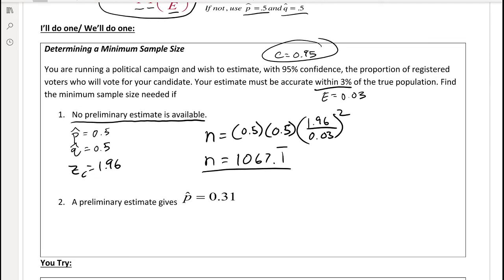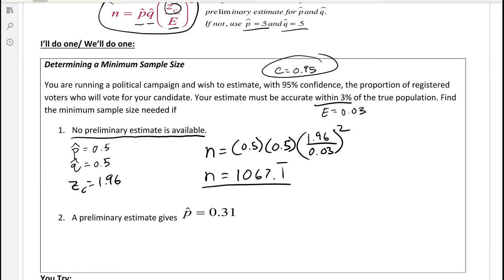Now, how does this vary if you know what p hat is? Your margin of error and your z critical will still be the same. It's still 0.03 and z critical is 1.96. But your p hat now is 0.31, and that tells me that your q hat is going to be 1 minus that, so q hat is equal to 0.69.